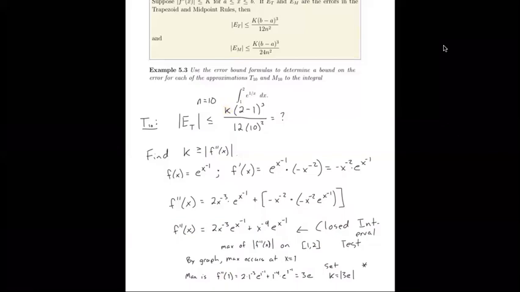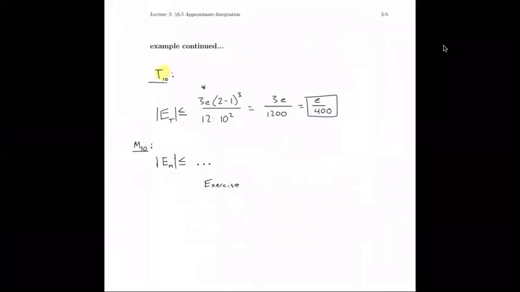So on the next page, we wrap it up and we see that for our trapezoid rule with n equals 10, our error bound on that trapezoid rule is less than or equal to 3e, there's our k, times 2 minus 1 cubed over 12 times 10 squared. And we end up with, well, we simplify things and have e over 400.